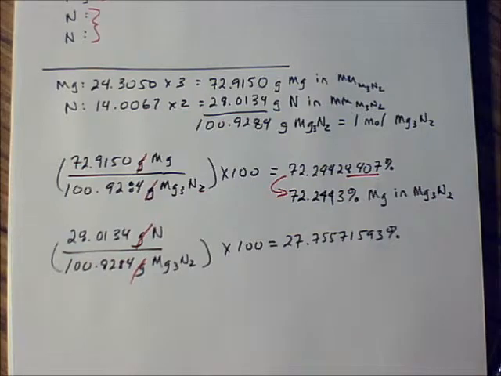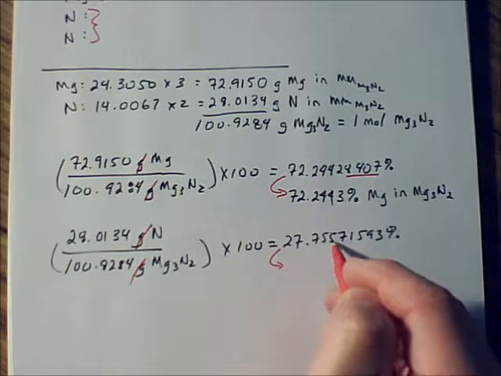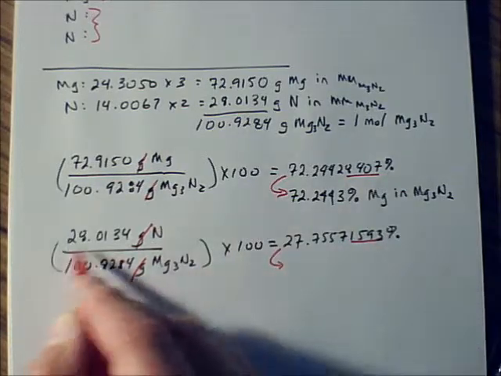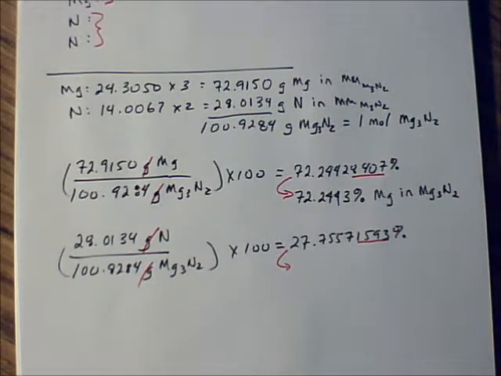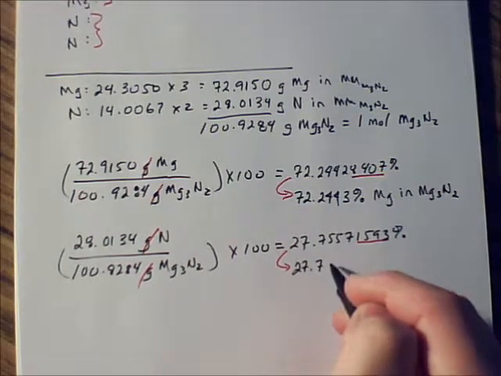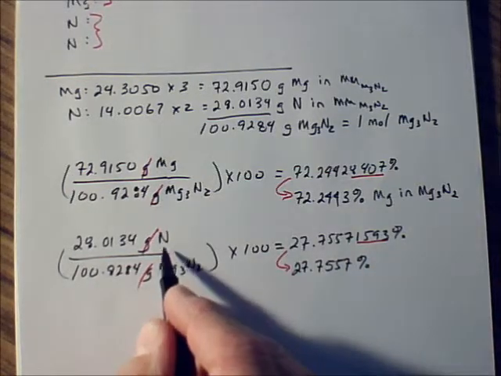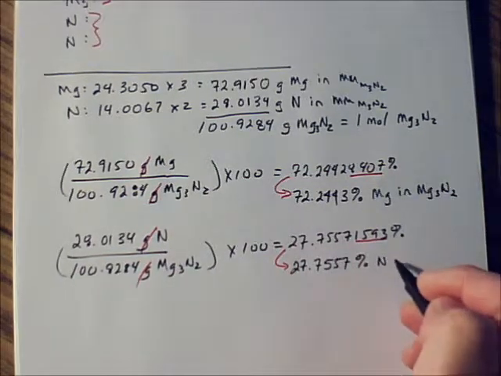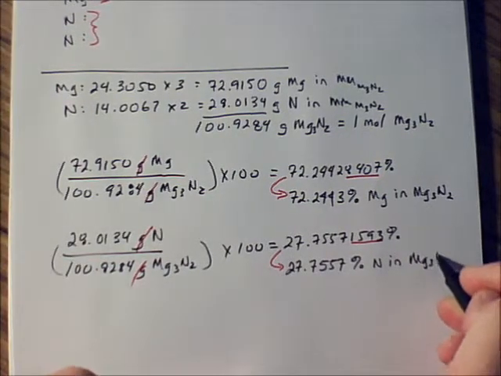Okay, I'm going to round that off. Again, it's going to be 6 digits, 1, 2, 3, 4, 5, 6, because I've got 6 digits in this number here. So the final answer is 27.7557%, in this case nitrogen, in magnesium nitride.